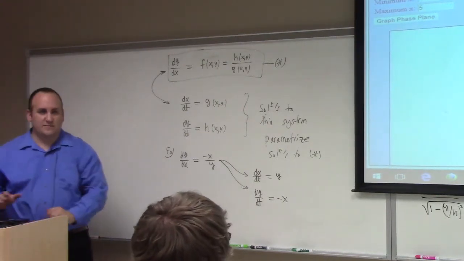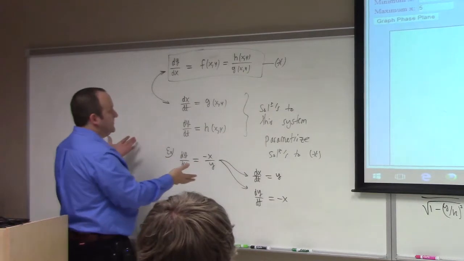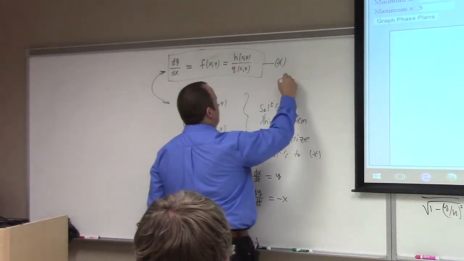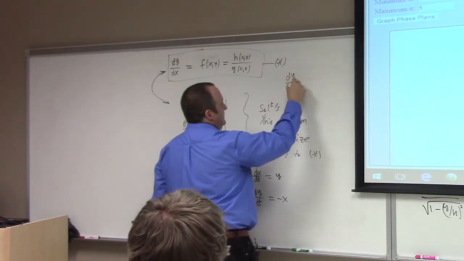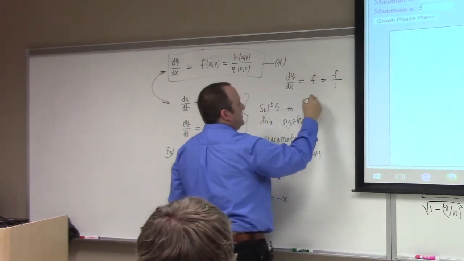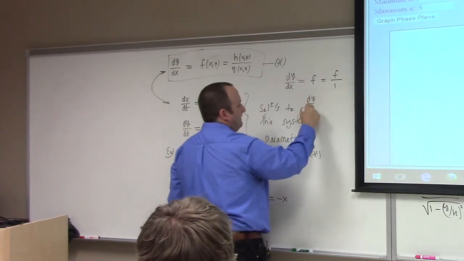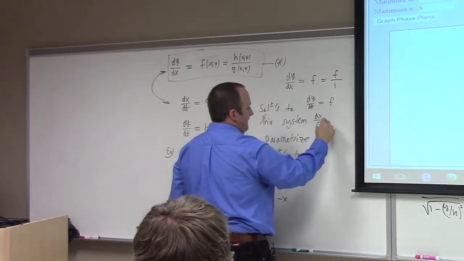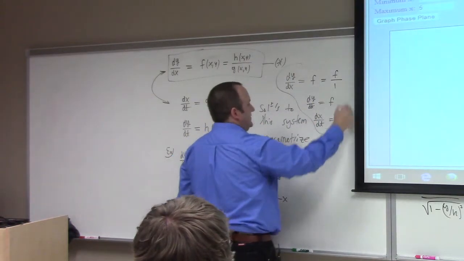If you think about pretty much any differential equation, you can always do this trick by looking at dy/dx equal to f and just saying f is f over 1. And so you could solve dy/dt equal to f and dx/dt equal to 1.